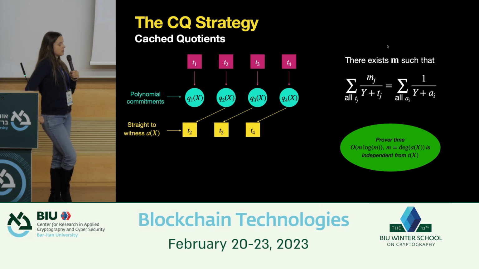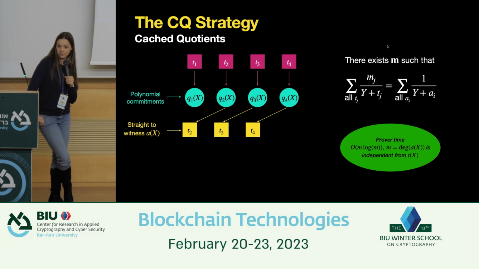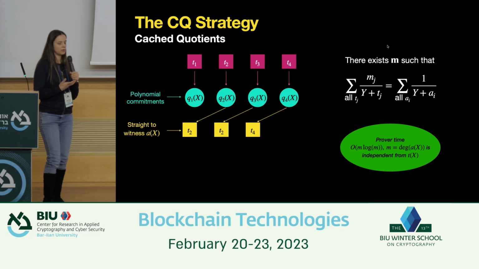These m values are very much allowed to be 0, and this is important. Because if you have something which is going to contain the entry 1 divided by y plus tj, in the situation where mj equals 0, you don't sum over it, and you completely ignore it.